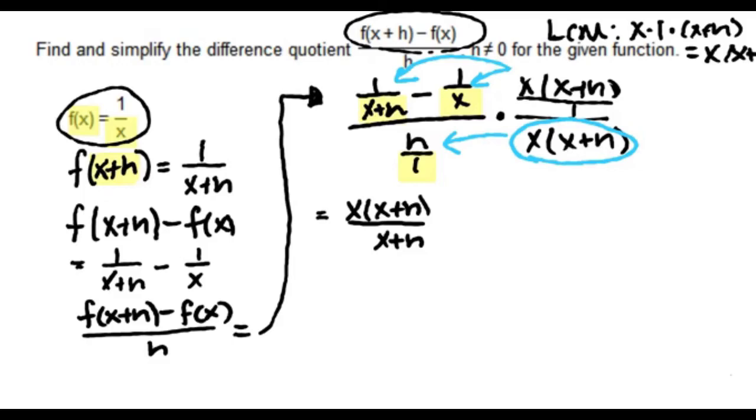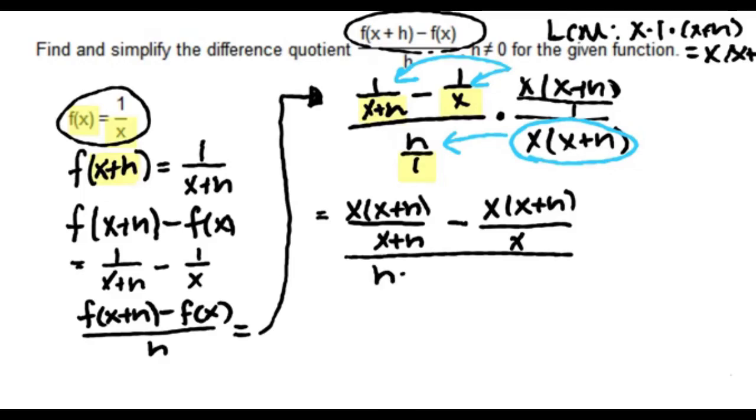We're going to do the same thing for the second term, and that's going to give us x times x plus h over x. In the denominator, we're not going to use the distributive property. I'm going to leave this in factored form. That's h times x plus h.